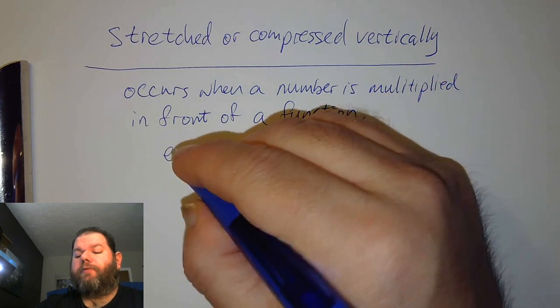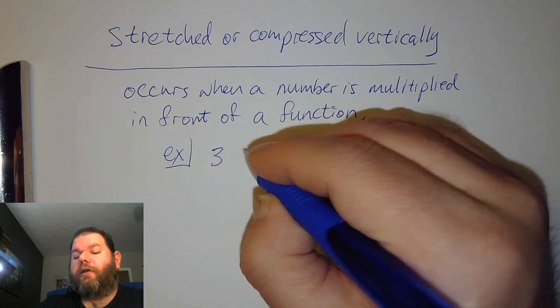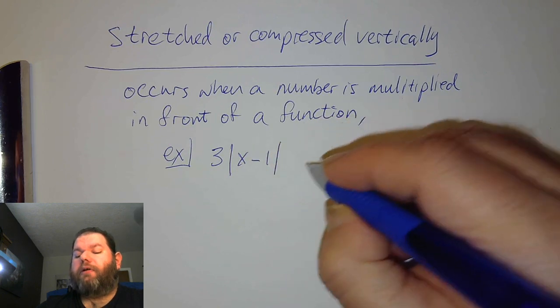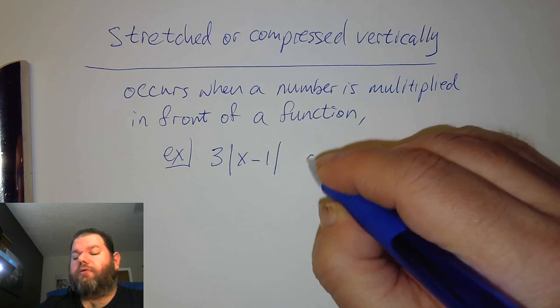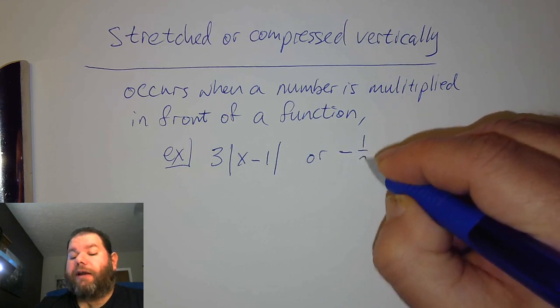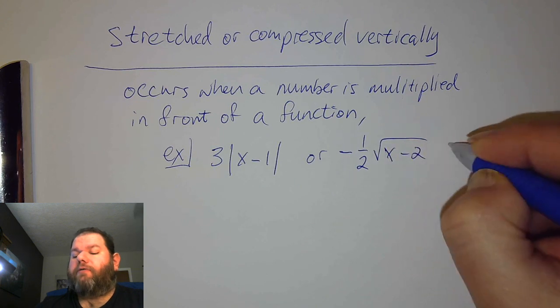For example, we might have 3 times the absolute value of x minus 1, or we could have negative 1/2 times the square root of x minus 2, plus 3.